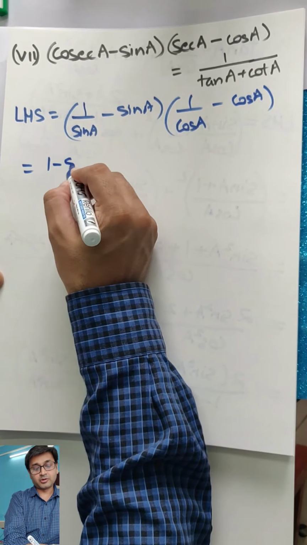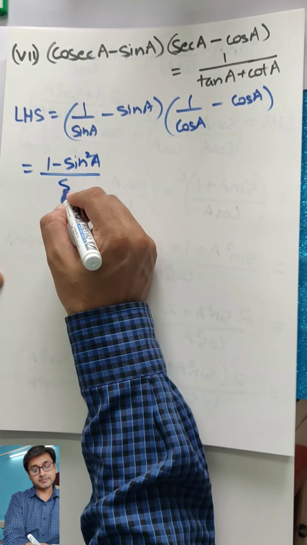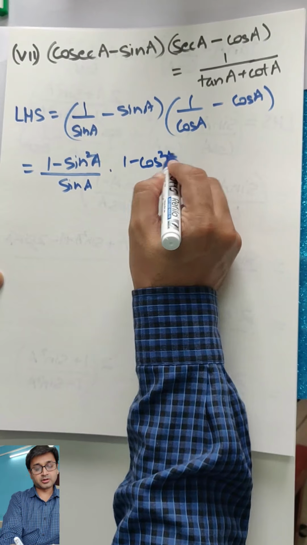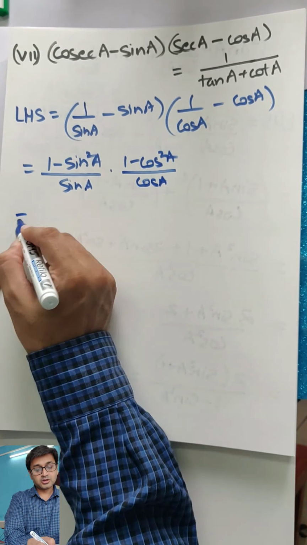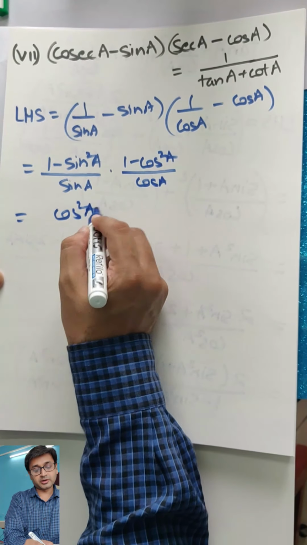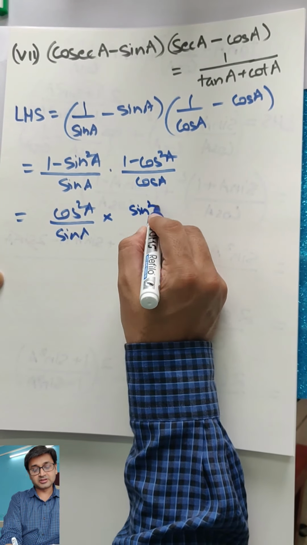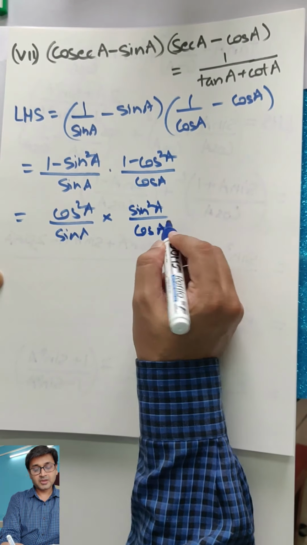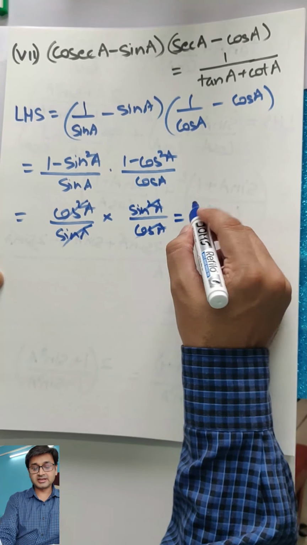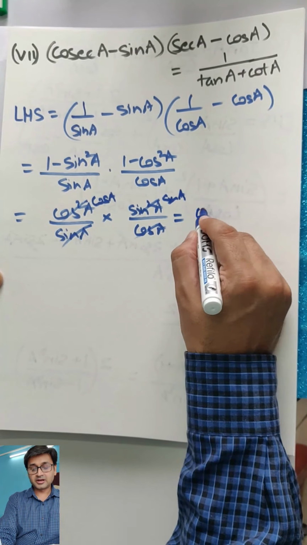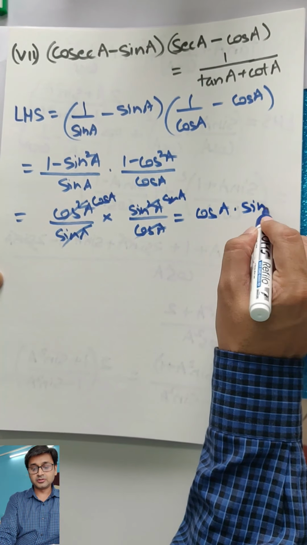Taking the LCM, I get 1 minus sin square upon sin into 1 minus cos square upon cos. So 1 minus sin square is cos square upon sin, and 1 minus cos square is sin square upon cos. One cos gets cancelled, one sin gets cancelled, so what is left is cos A into sin A.